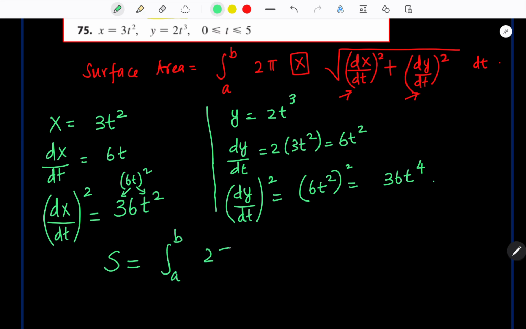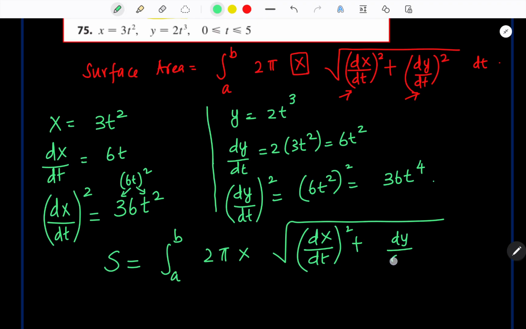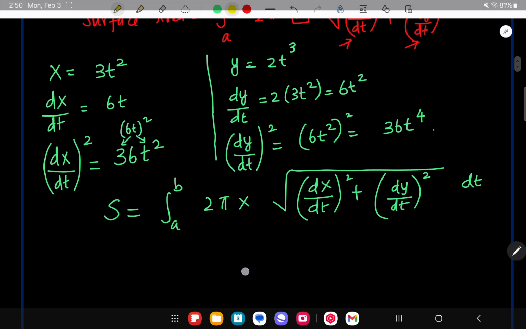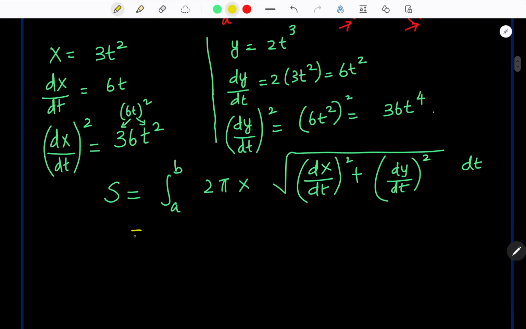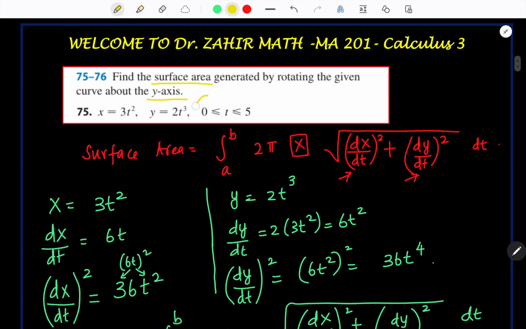Now all these things we are going to apply in the surface area formula: integral a to b, 2 pi x, square root of (dx divided by dt) the whole square plus (dy by dt) the whole square, into dt, right? Yes. Now let's apply all these values in this formula. This equals the integral from a to b. What's the value of a to b? It is given as 0 to 5. So this is your a and this is your b.